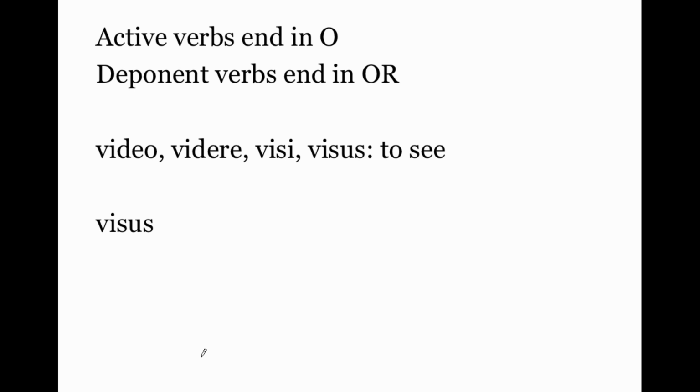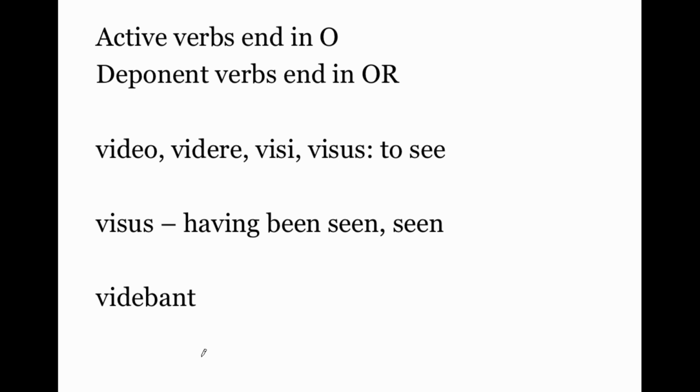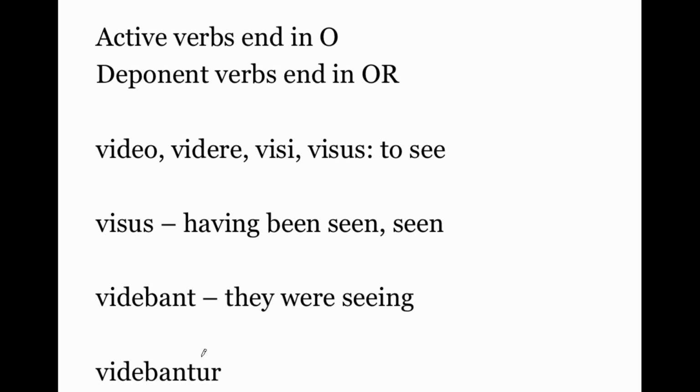I translate it passively. Seen, or having been seen. Now I've got these active endings. How do I translate that? They were seeing. How do I then translate these passive endings? They were being seen. Videbantur, they were being seen.